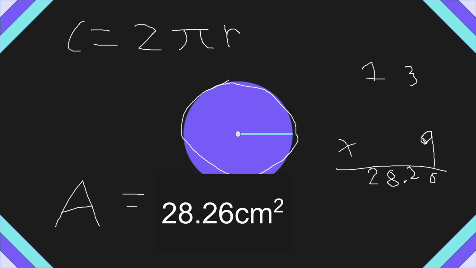So circumference is also pi times the diameter. That's just another formula that you can use. But for now, let's use 2 pi r, and let's use the same example, which is 3 centimeters.